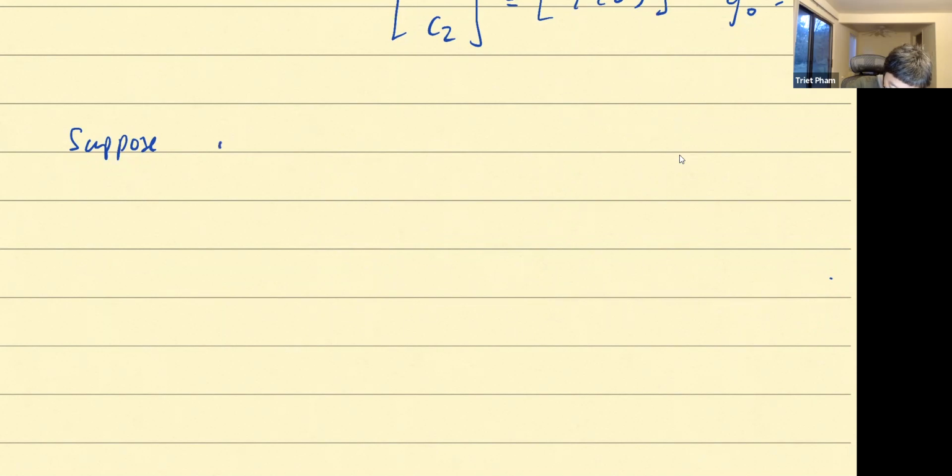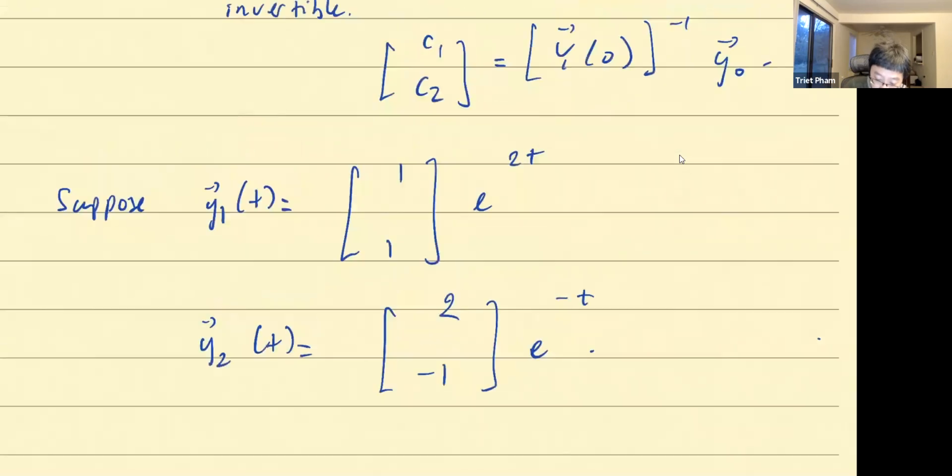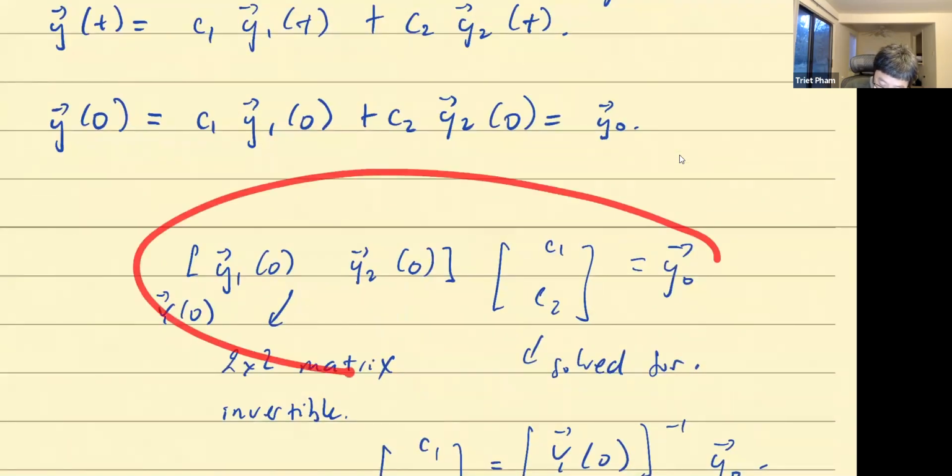Suppose y1 of t is, let's say, 1, 1 times e to 2t, and y2 of t is, let's say, 2, minus 1 times e to minus t. I don't want to give you a system, I just want to demonstrate the idea of solving for the initial condition.